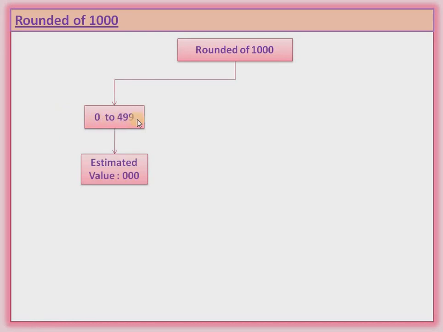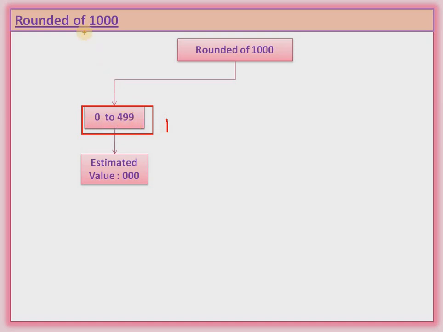Okay, so for rounding off to 1000, it should also be categorized into 3 parts. There are 3 parts. Category number 1 is 0 to 49, and the estimated value is 00. You can see the first category, 0 to 49.